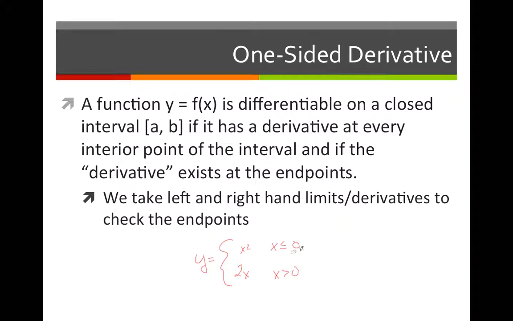And if we took the limit from the left on x squared and the limit from the right on 2x, we would find that the derivatives are not the same. I can tell you right now the left-hand derivative for x squared would be 0, and the derivative on the right side for 2x would be 2. We notice that those two values are not the same, and therefore there is no derivative at x equals 0.